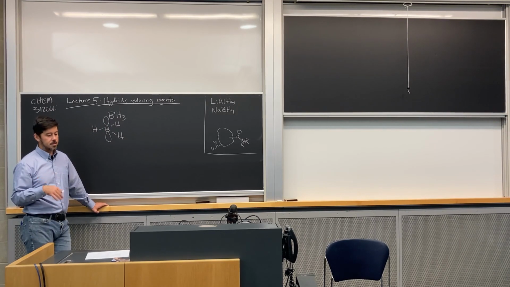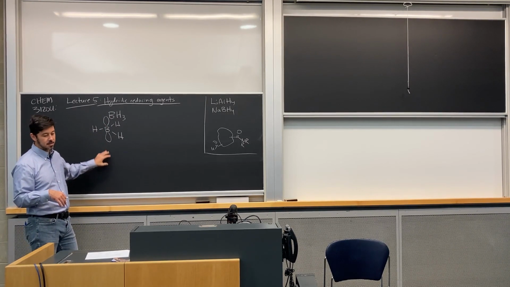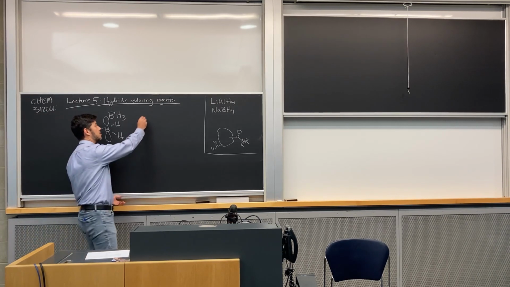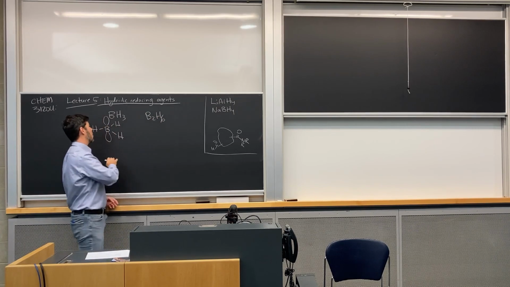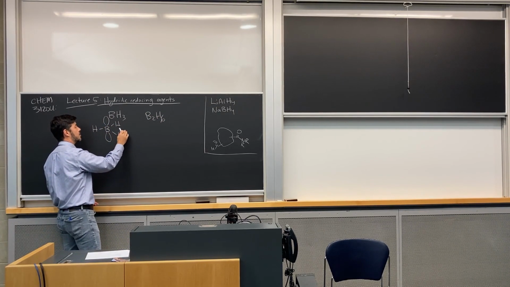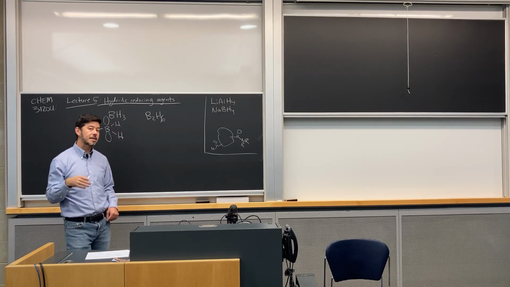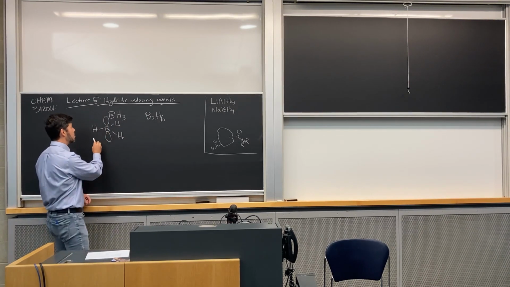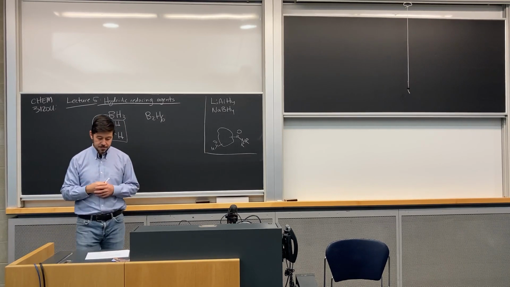In fact, BH3 is a gas, and it's actually complexed as the structure B2H6, where you have these bridging hydride units and then another molecule of boron next to it. But for understanding the mechanism, using the structure BH3 is definitely sufficient.